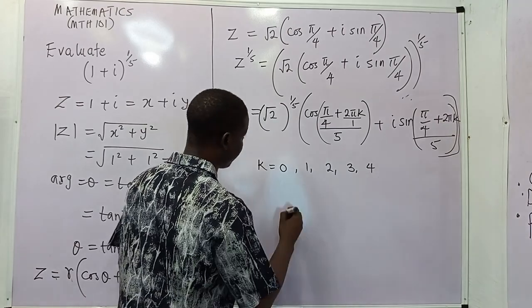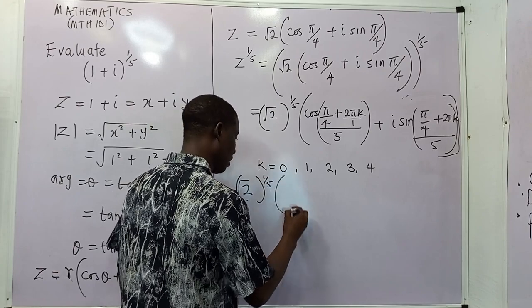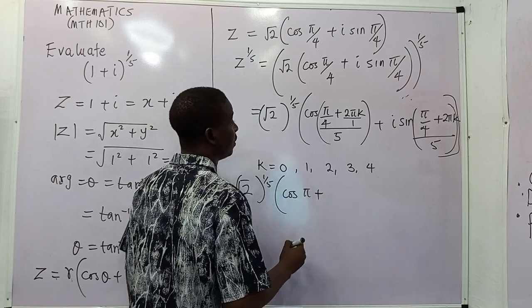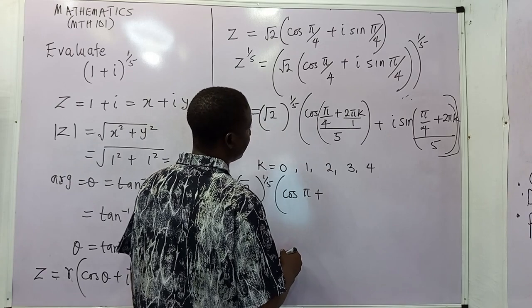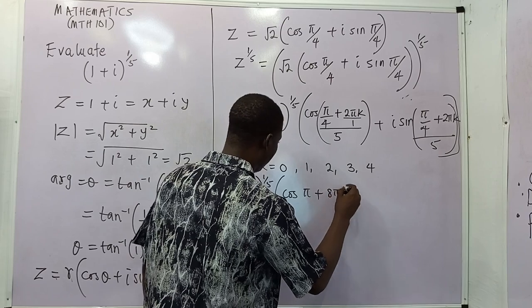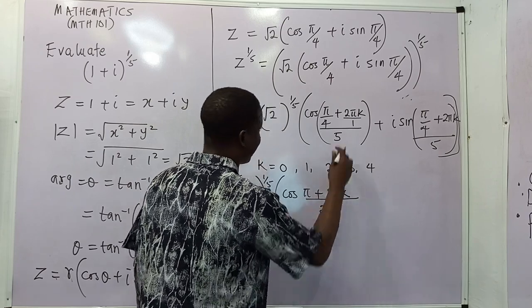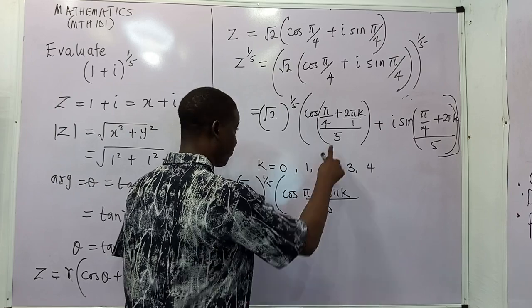Now, when you do that, the LCM is 4. So we're going to have root of 2, all bracket to 1 over 5, cos of pi plus 8 pi k all over 20. Find the LCM, then divide by 5.